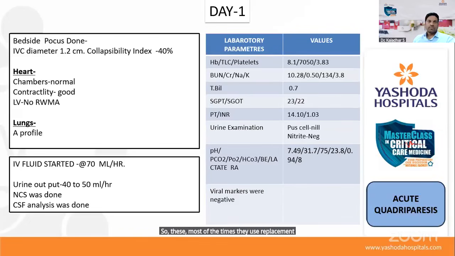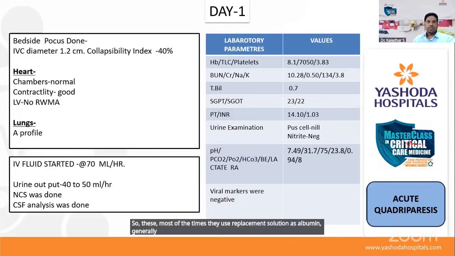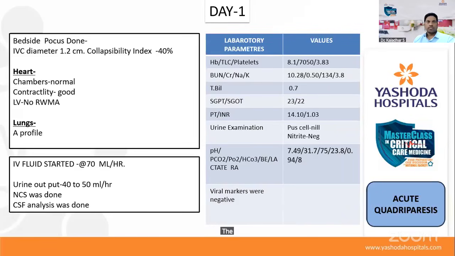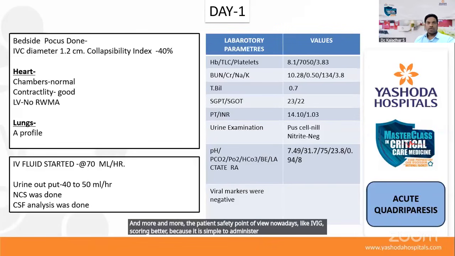Generally it will not be much problem, but the complications may also be there, especially infectious complications are more. Because of that, if the patient stays more in ICU, the cost will not be much of a difference. And from the patient safety point of view, nowadays IVIG is scoring better because it is simple to administer. All these complex device related complications will be prevented.